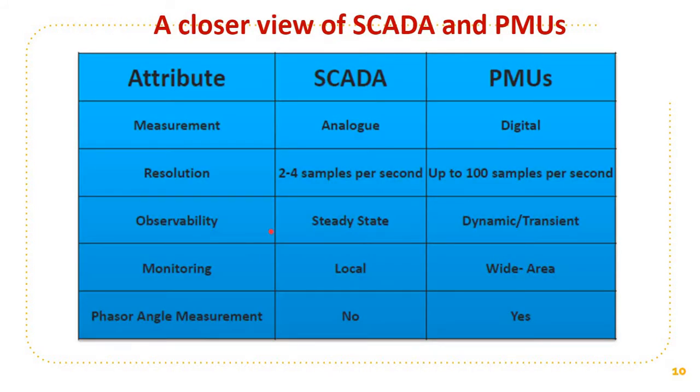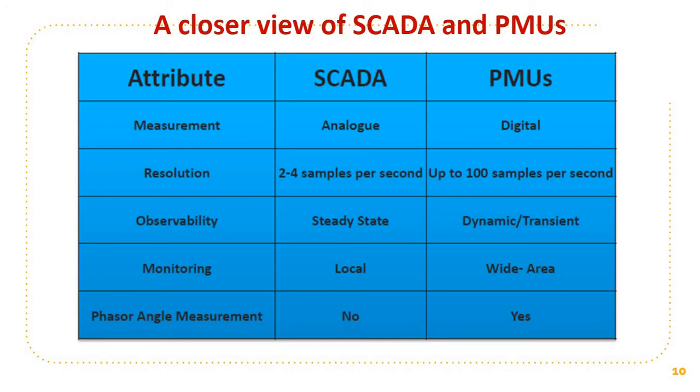This is a comparison of SCADA and PMU. SCADA typically uses analog signals, whereas PMUs use digital signals. The resolution of SCADA is about 2 to 4 samples per second, whereas for PMU it goes up to 100 samples per second. In SCADA, the observability is steady state, whereas in PMU we can have dynamic or transient observability.